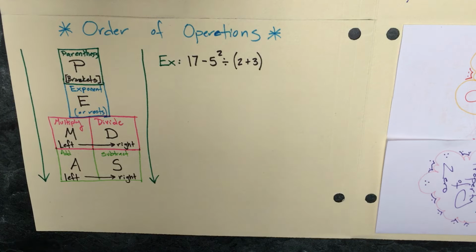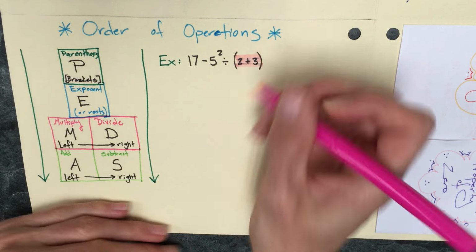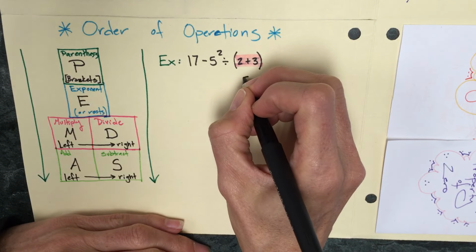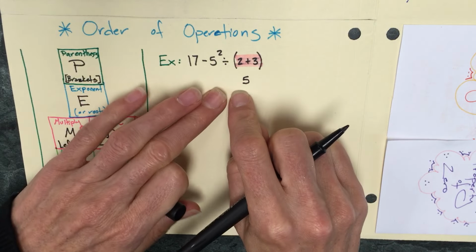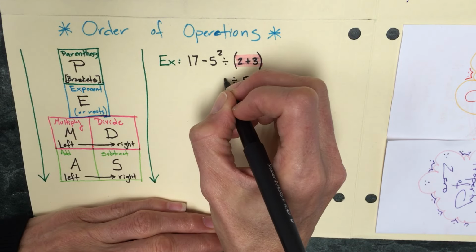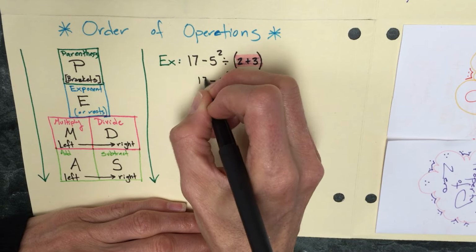So that means first, I'm going to do what's inside my parentheses. Super easy. 2 plus 3. 5. And then I'm going to bring the rest down, just like it is. So you can write it backwards, write it forwards, but you're writing it just the way it is.